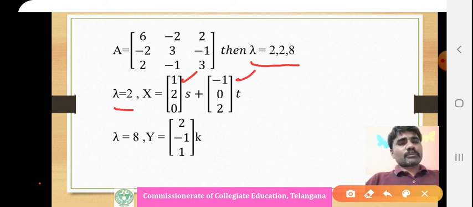Since the basis for the eigenspace for lambda equals 2 consists of two vectors, 1, 2, 0 and minus 1, 0, 2, its dimension is 2.